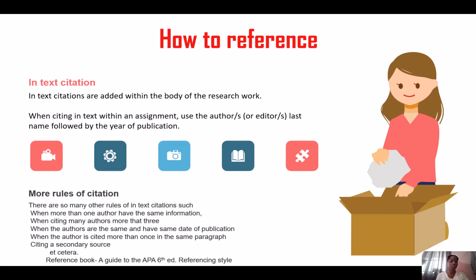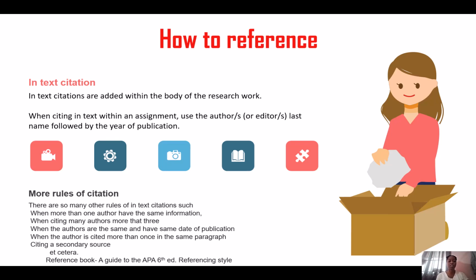Also, when the author is cited more than once in the same paragraph, you may write in the first sentence that the author said something, maybe Okello 2021, concerning what you're talking about. In the third line, that same author said something else concerning the same topic. So that is citing him twice in the same paragraph. We shall see the rules and how to do that.